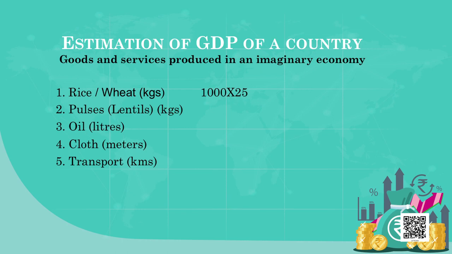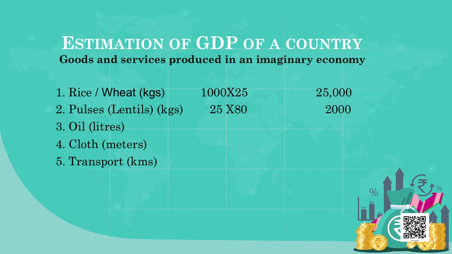So 25 per kilo and 1,000 kilograms, how much does it come to? 25,000. Suppose you produce pulses, arhar dal, toor dal and different kinds of dal. You produce 25 kilograms at 80 rupees per kilo. How much does it come to? 2,000 rupees.